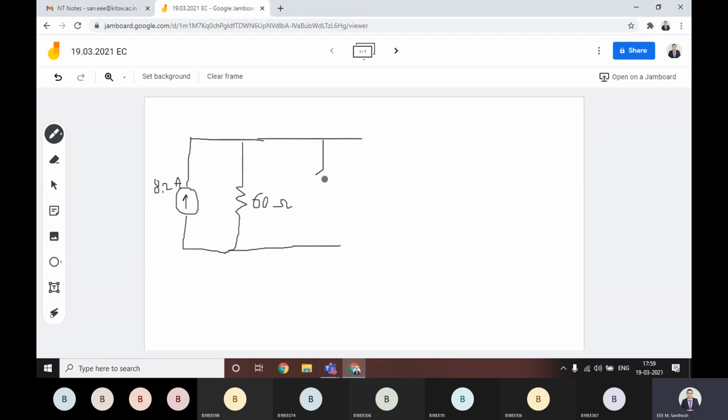And there is a resistance R, and another resistor 50 ohm.